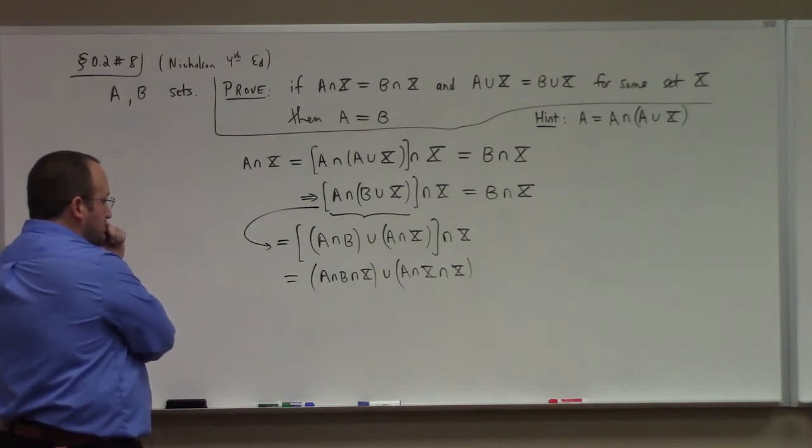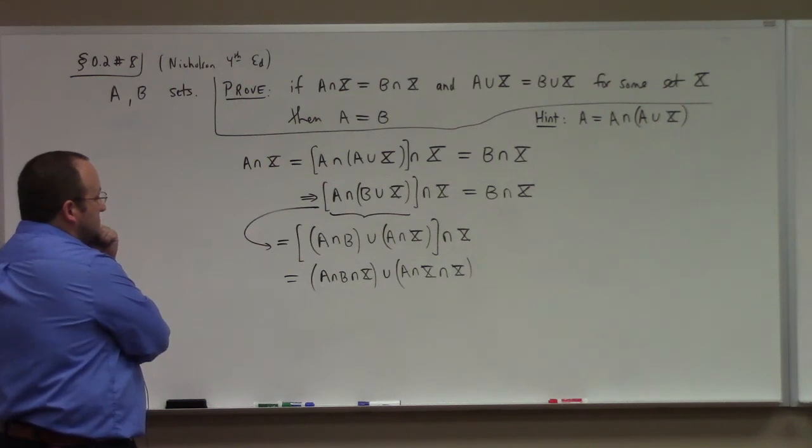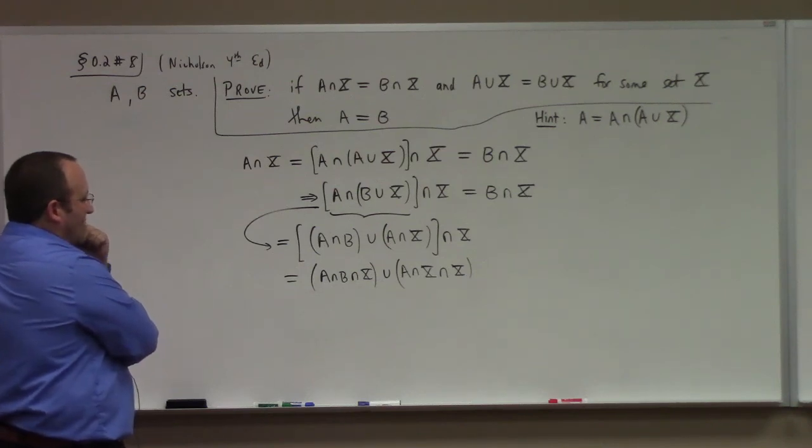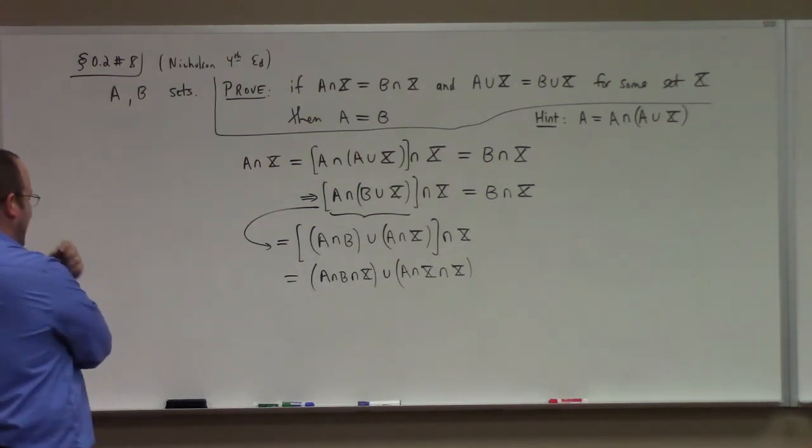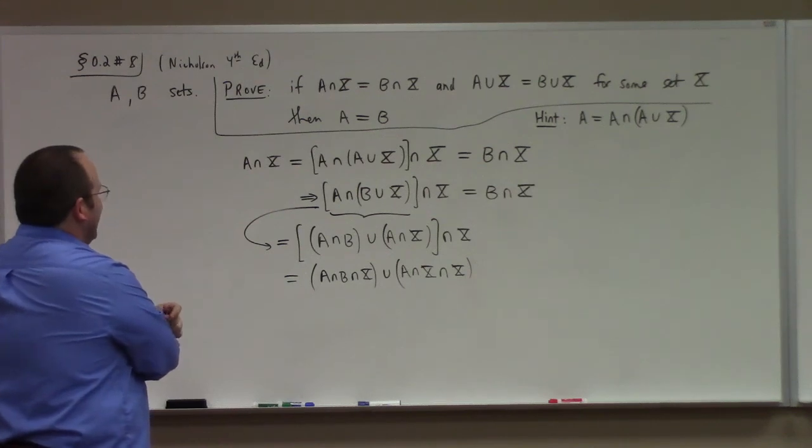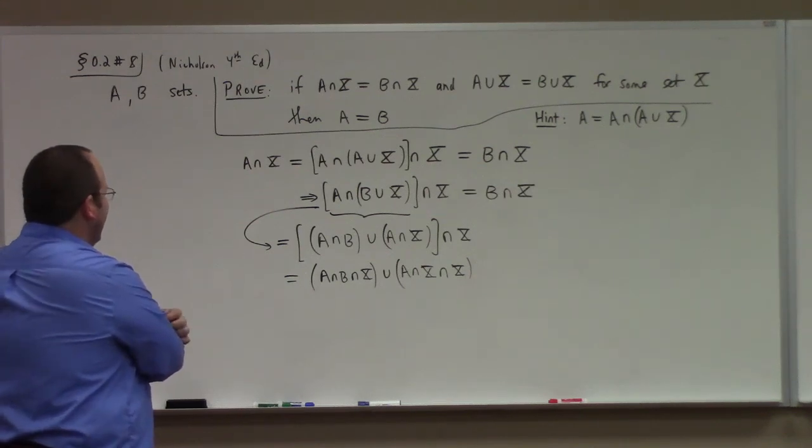I guess we started with A intersect X is equal to B intersect X. So can we resubstitute that down here? Are we allowed to use that? I don't know if that's going to help.